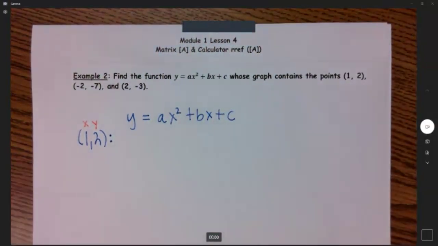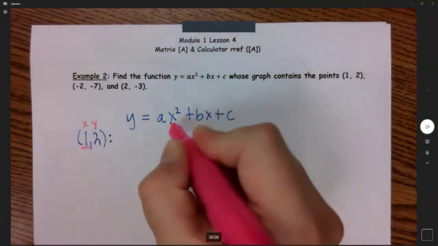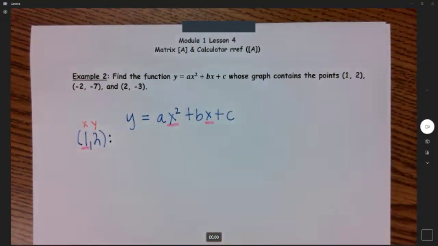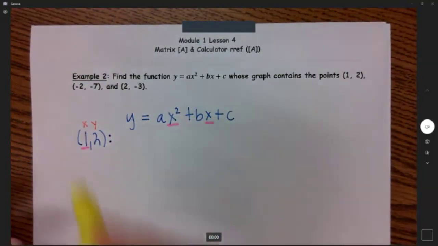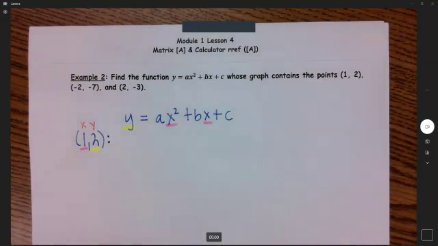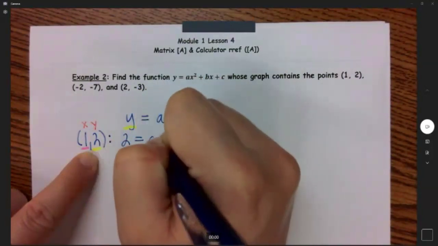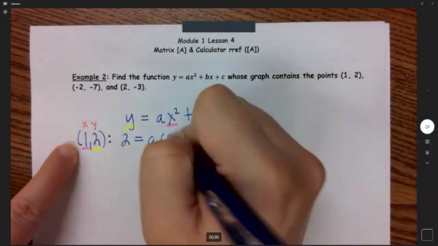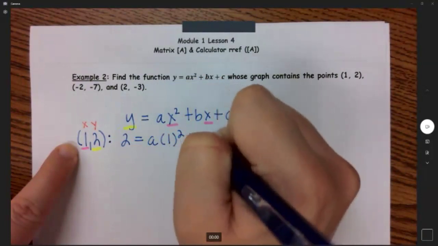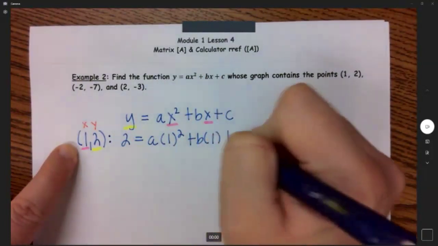Okay, we are substituting this in. Your x's into place of both of these x's here, and your y in place of y. So we'll have 2 equals a times my x is 1 plus b times 1 plus c.